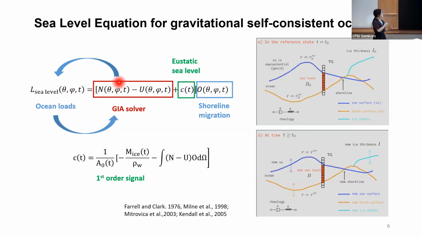The tricky thing is, we have this GIA-perturbed sea level change, and this sea level change is one of the inputs of my GIA model. So it will go further to perturb a second time. So we need a solution here to solve this problem.